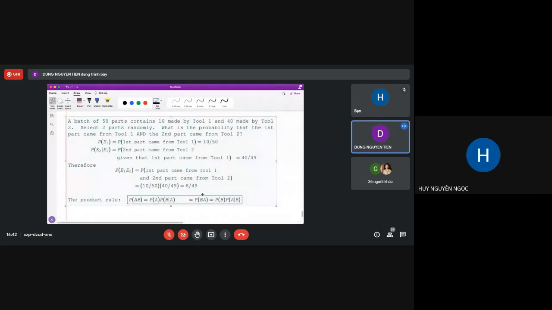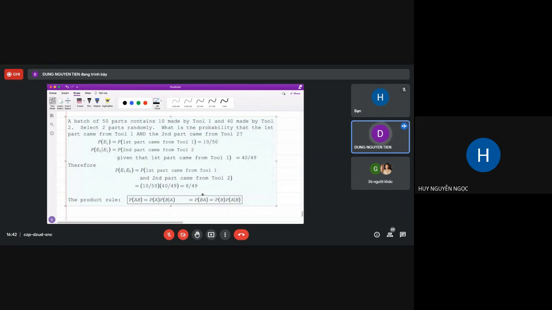The probability of E1 is the probability that the first part came from tool 1, and that is 10 over 50. The probability of E2 given E1 is the probability that the second part came from tool 2, given the fact that the first part came from tool 1.